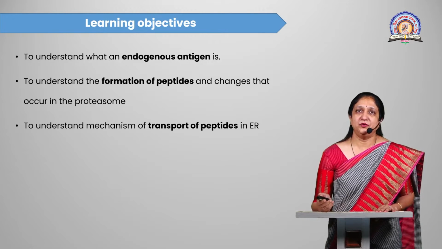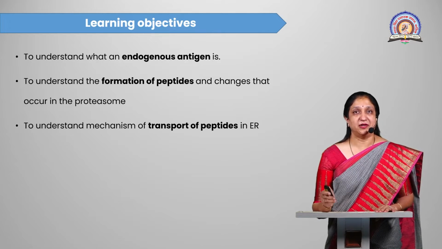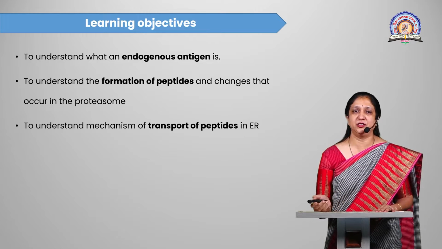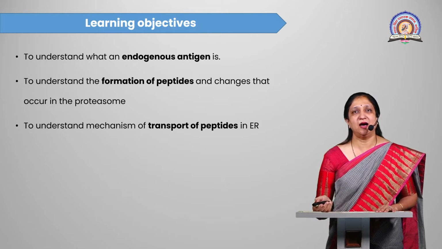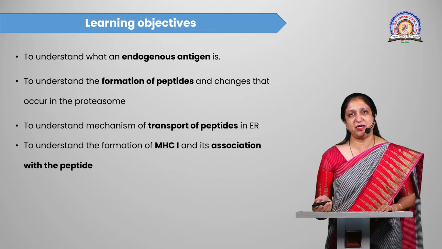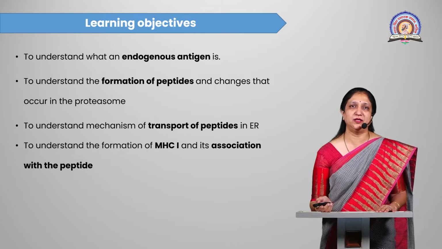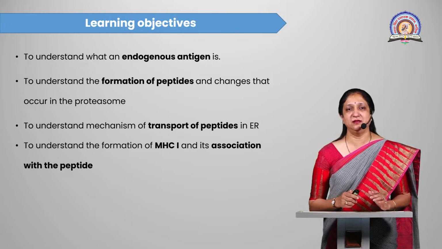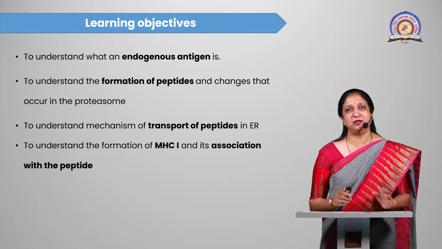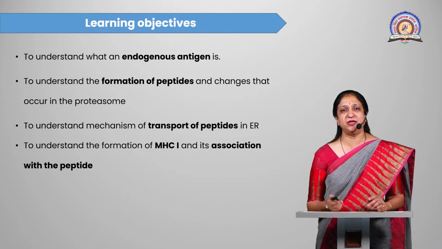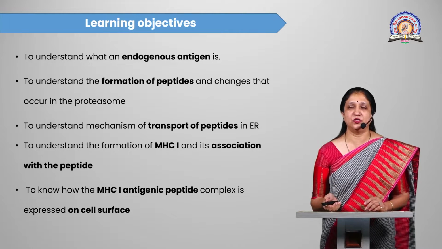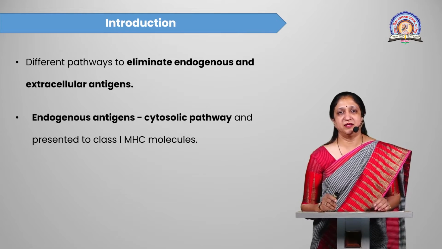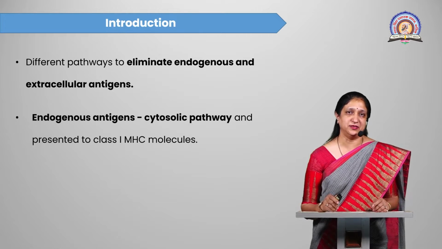They will also be able to understand the transport of the peptides from the cytosol into the endoplasmic reticulum, and then how the antigenic peptide binds to the class 1 MHC molecule, how the class 1 MHC molecule is associated within the endoplasmic reticulum, how it binds to the antigenic peptide, and then how it is expressed on the surface of the target cell. In the immune system, there are different types of antigens that are present.